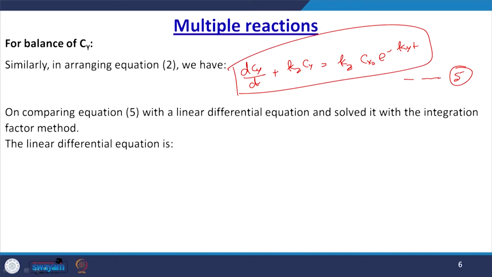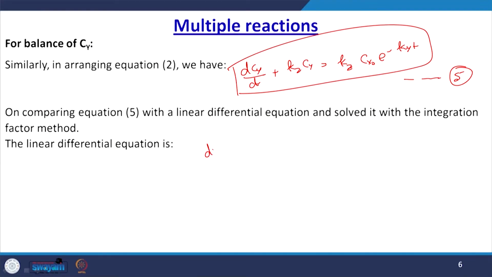Now if we compare equation 5 with a linear differential equation and solve it with the integration factor method, the linear differential equation can be represented as dy/dx plus P(x) y is equal to Q(x), that is equation number 6.